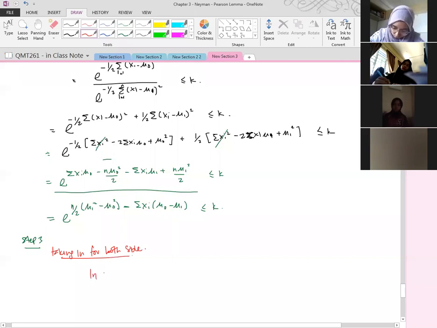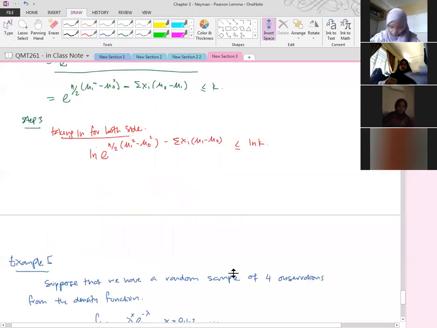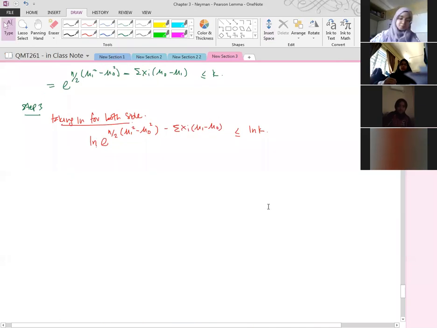So we get ln exponential n over 2 (mu1 squared minus mu naught squared) minus summation of xi (mu1 minus mu naught), and then this is ln k, right?